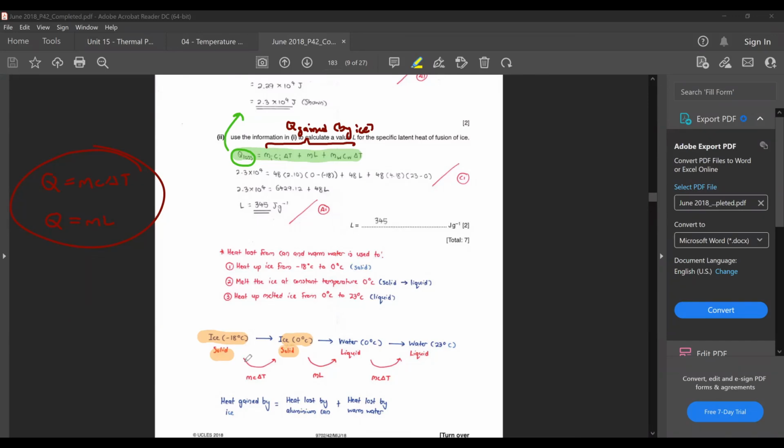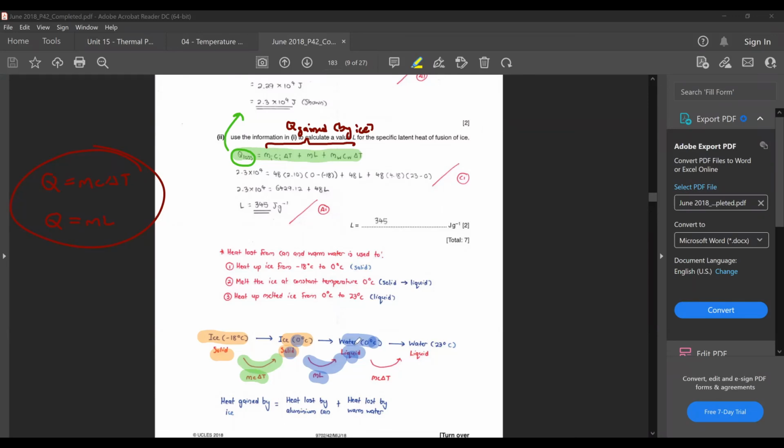So this one will be MC delta T. Then when your ice is at 0 degrees and still a solid, it will now need to change to water at 0 degrees. From solid to liquid at the same temperature, this one is actually latent heat. This is where your phase change occurs, right?